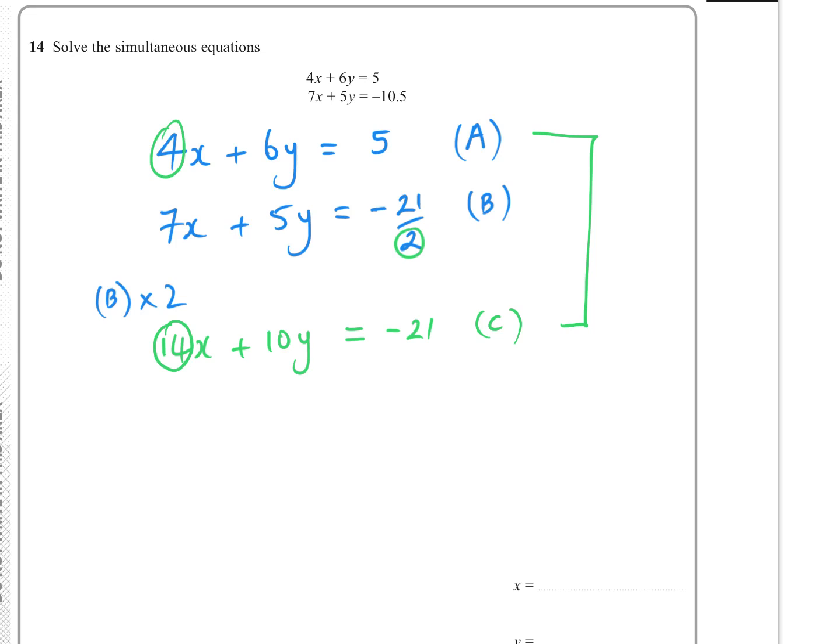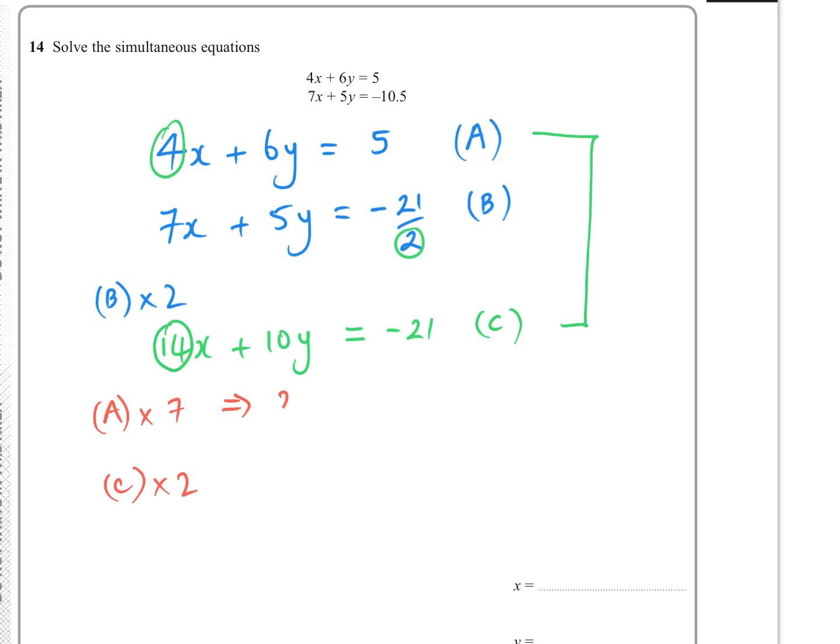If in danger, you can just times equation A by 14 and equation C by 4. But because 14 and 4 are both even, you've got to realise that you could times the top one by 7 to get 28x, and the bottom one by 2 to also get 28x. So I'm going to do equation A times 7 and equation C times 2, but you could do 14 and 4, it doesn't really matter.